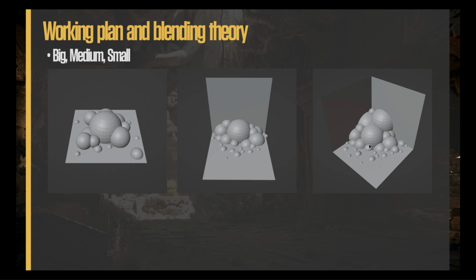Having at least these three is usually enough to set you up to blend mostly every scenario that might come up in your scene where you need to add a bit of destruction and debris.